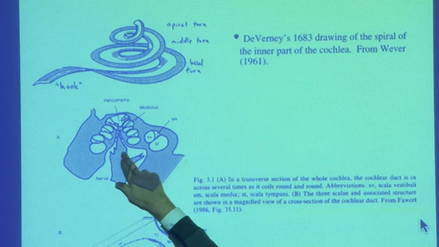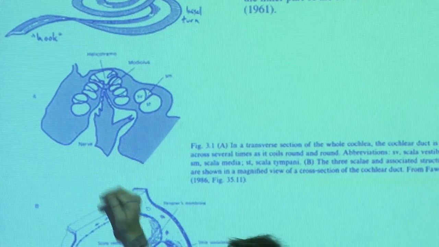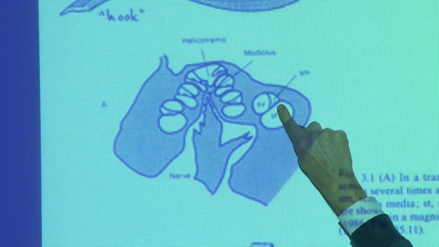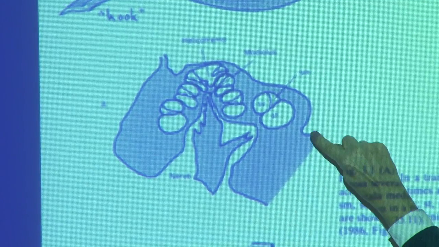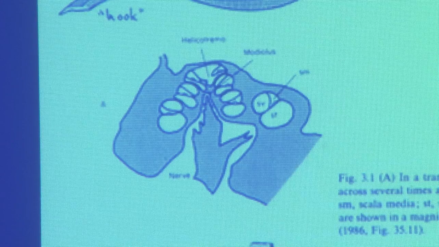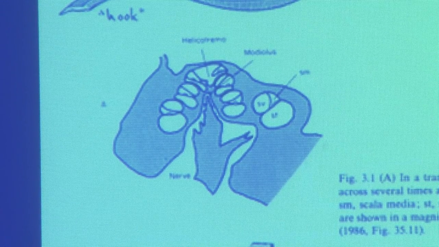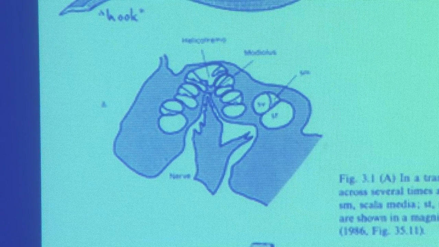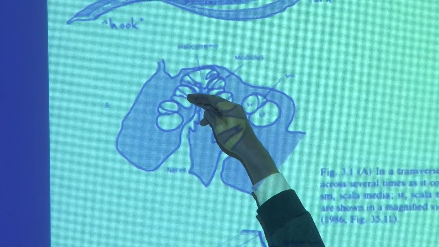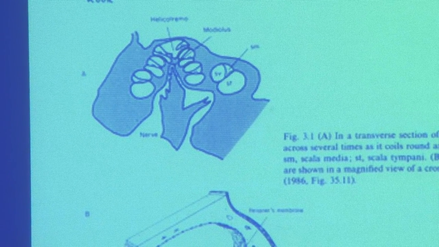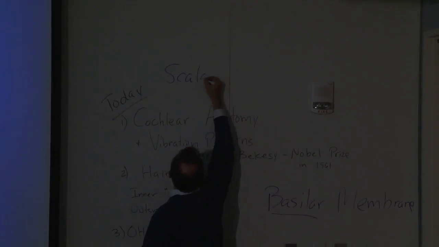You can see the tube of the snail shell or cochlea is subdivided by this big membrane, this basilar membrane, and that there's another membrane in here too. The name of that membrane is Reissner's membrane, but it's not that important. But the picture you get here sort of looks like steps on a ladder. And the Latin name for steps is scala, or scalae if it's plural.